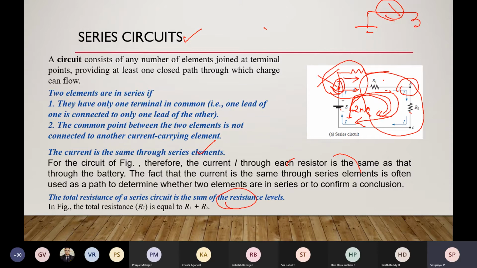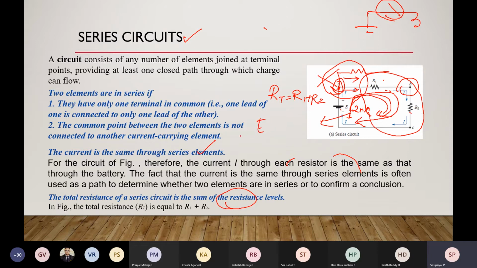So how do I determine the current flow? We have to find out the total resistance of the circuit. What is the total resistance of the series circuit? The sum of the resistances. So here the total resistance is R1 plus R2. And what is the current?